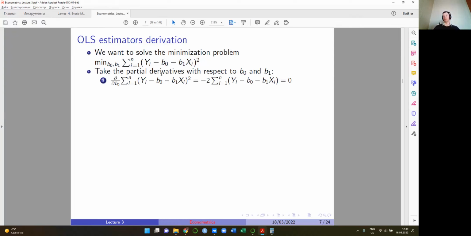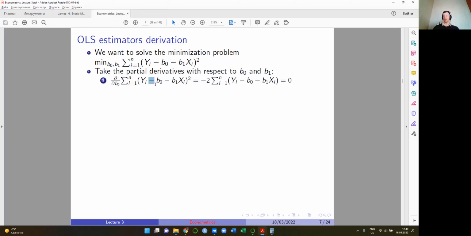The first partial derivative is very simple. We have just the power function, so there is something to the power of 2, and there is a sum of n elements. If you consider one term of this sum, when we take the derivative with respect to b0, we get 2 multiplied by the expression in brackets, and then we take the derivative of the inside function.